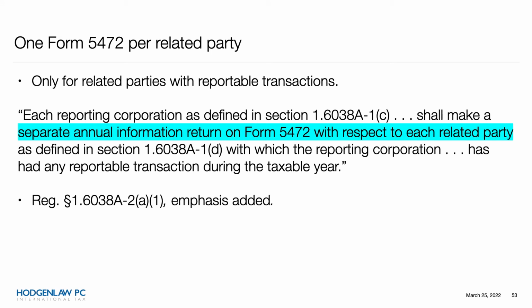Okay, the next sort of weird rule, and something to be really careful about. You have to file one Form 5472 for each related party with whom there is a reportable transaction. What does that mean? You go through the general ledger, you find transactions with 3 or 4 or 5 related parties, you better be filing 3 or 4 or 5 Form 5472s, one for each related party.